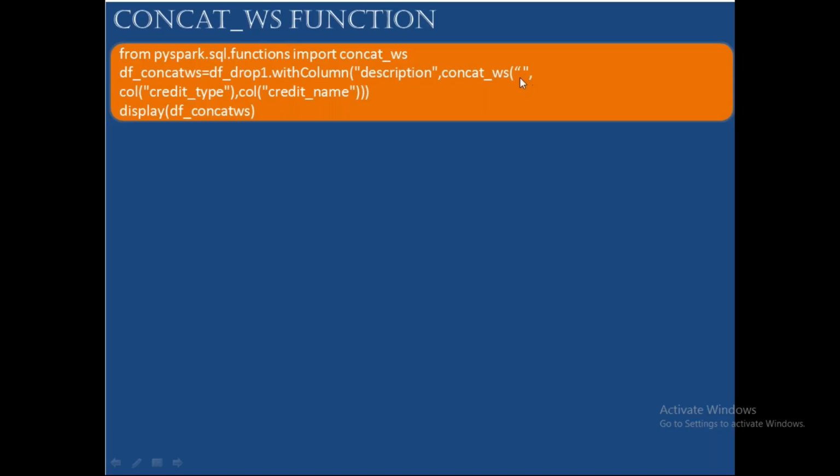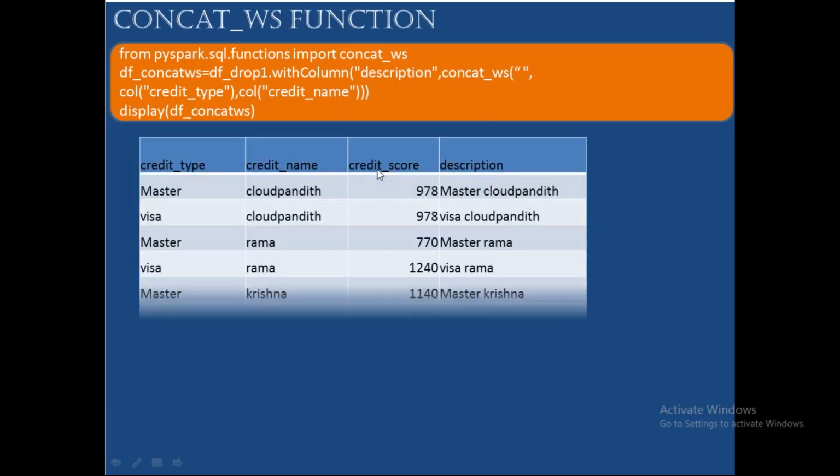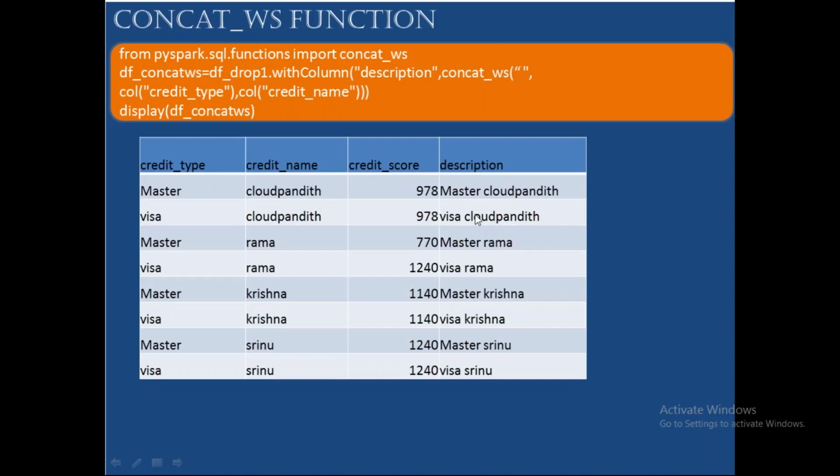If you are adding multiple columns, this particular delimiter will be applied in between all those columns. Now I am giving a space, so that space will be available between credit type and credit name. If you have given a hyphen here, a hyphen will come. Whatever you have given as the first argument is the delimiter between all the columns which you are trying to concatenate.